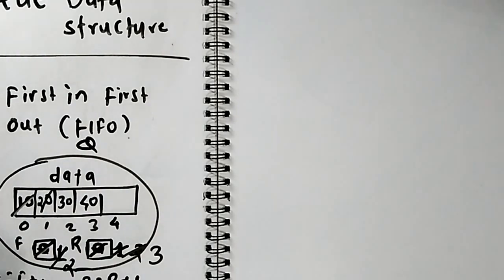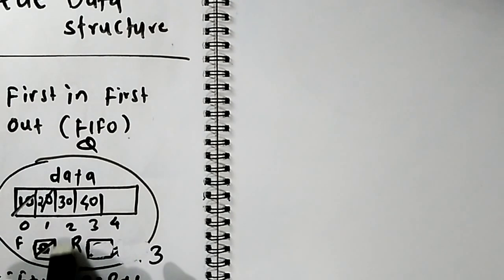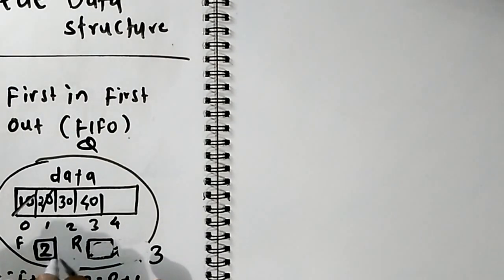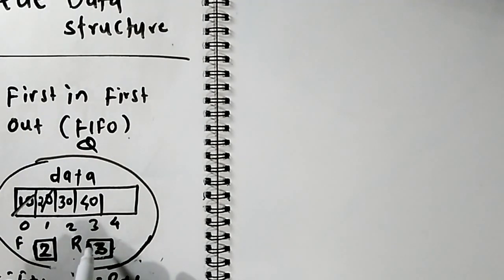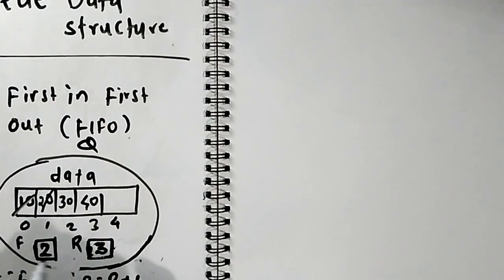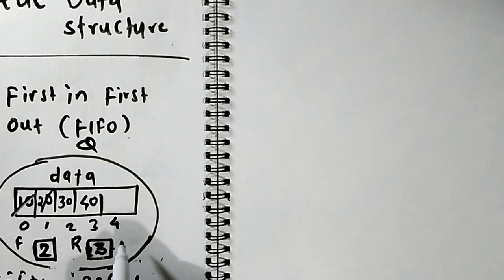So now we have rear as 3 and front as 2. The meaning of this is the oldest element in the queue is at location number 2 and the latest, or youngest, element in the queue is at location number 3.